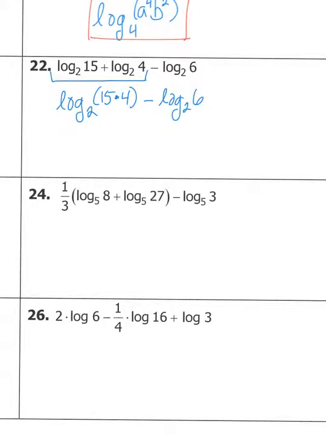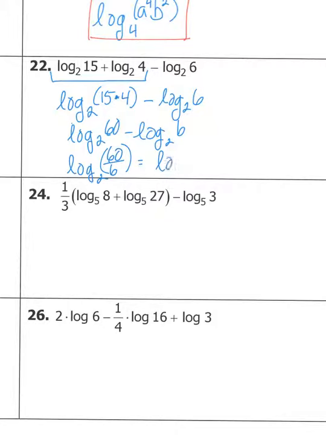So 15 times 4 is 60. Minus log base 2 of 6. So finally I can compress these because of the subtraction. I'm going to divide. So log base 2 of 60 divided by 6 is equal to log base 2 of 10.